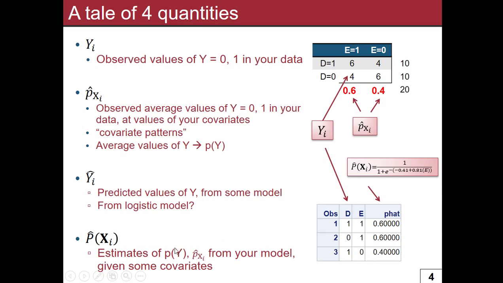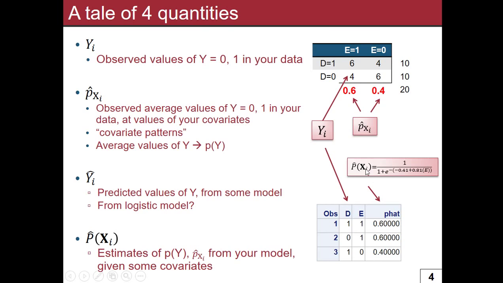Now this is actually very similar to the thing I said over here. This quantity up here, the bottom one, the p hat xi, we used this notation for logistic regression. Here it is over here. This is truly the predicted probabilities from a logistic regression model. I used that language to describe y hat sub i's, which is a very related concept, except that this p hat xi from a logistic regression model is always a probability.